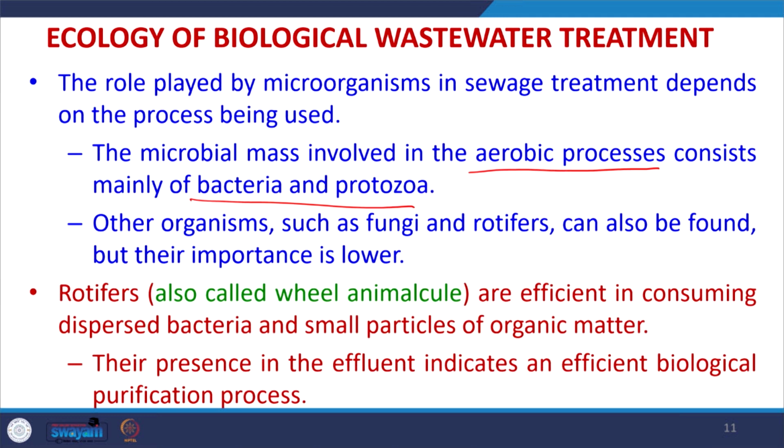Rotifers, which are called wheel animalcules, are efficient in consuming the dispersed bacteria and small particles of organic matter. If they are present in the effluent coming out of the treatment, it indicates that an efficient biological process has happened during the treatment in the plant itself.